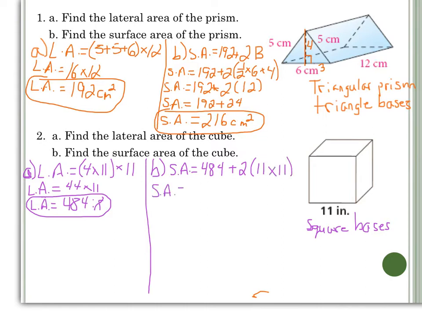So our surface area, 484, plus 2 times 121, or 484 plus 242. So our surface area is 726 inches squared.